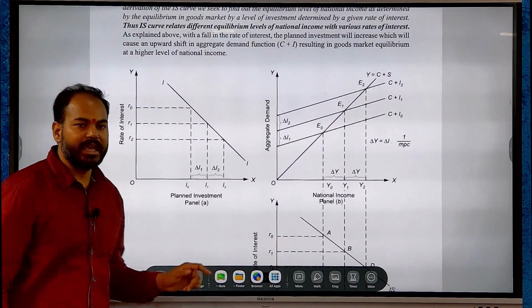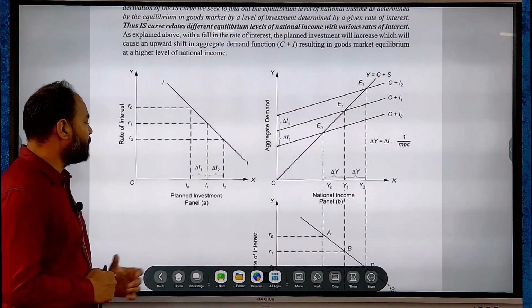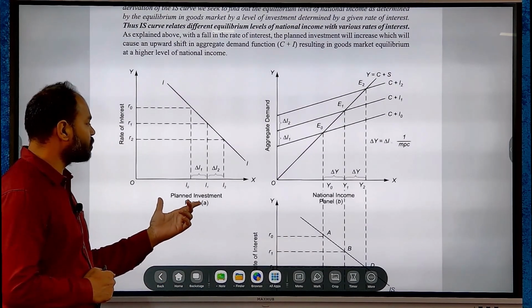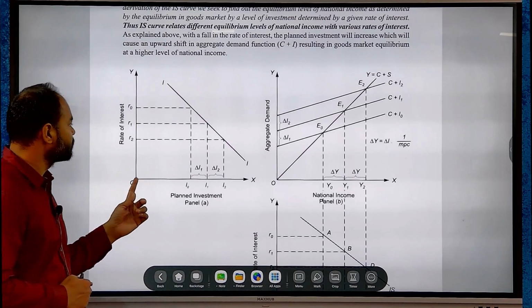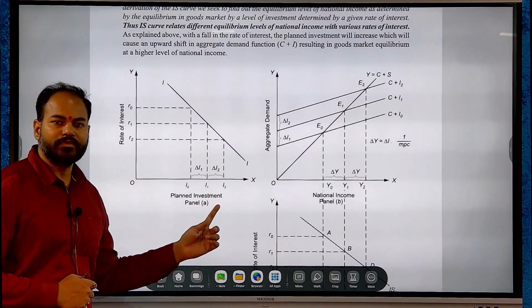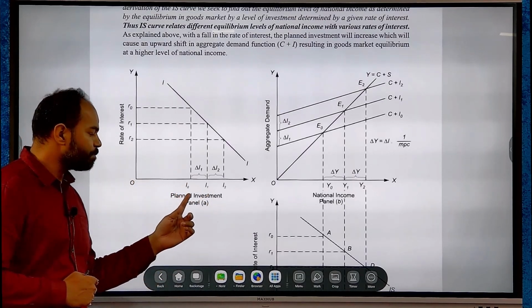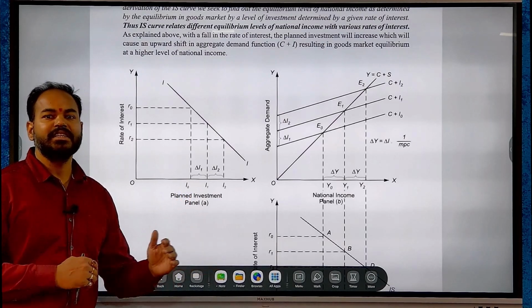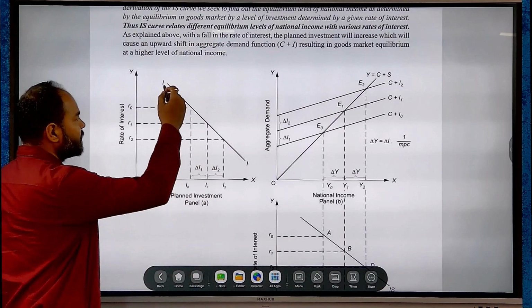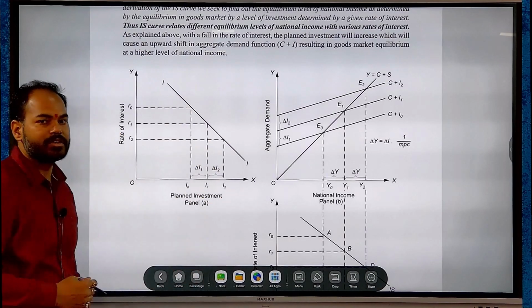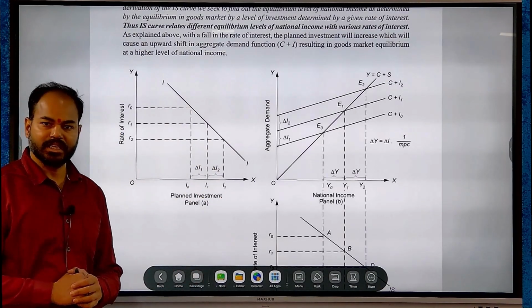In panel A of the graph, planned investment is depicted on the x-axis, whereas rate of interest is on the y-axis. As we all know, rate of interest and planned investment are inversely related. That is why it is a downward sloping curve represented as I, that is investment.